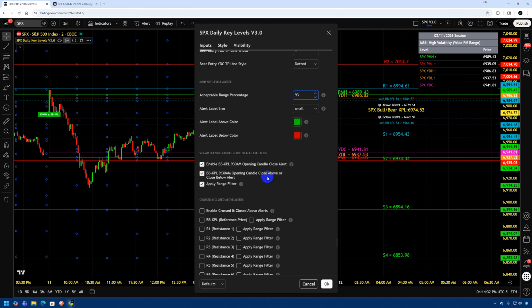Remember, this is a dual close above or close below alert, so it's going to alert you either way if the close above or the close below is at or within the acceptable range percentage. So if it was set to 50, that means it's got to close within 50% or less, below or above, to actually show on the screen.